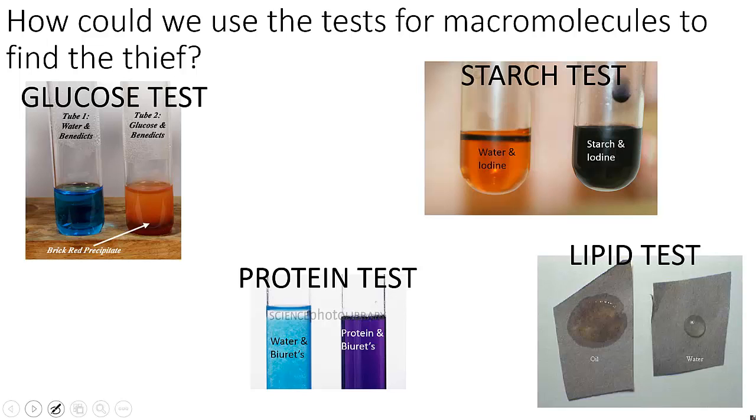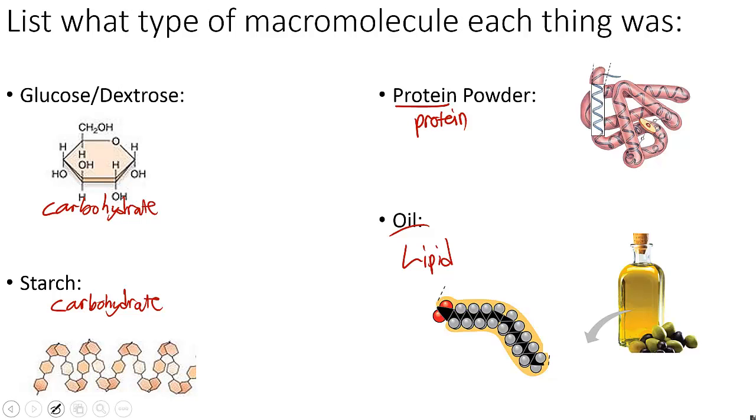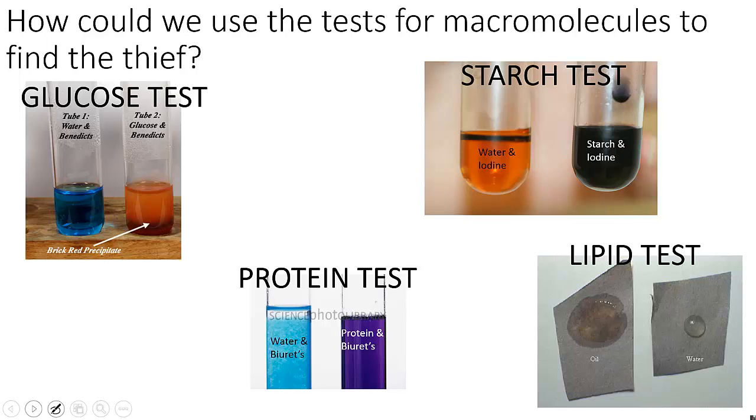How could we use the tests for macromolecules to find the thief? Well, we did 4 different tests. We did a glucose, a starch, a protein, and a lipid test. And with each test, we could find out what was inside a food. So in the glucose test, we found out if there was glucose because it turned orange.